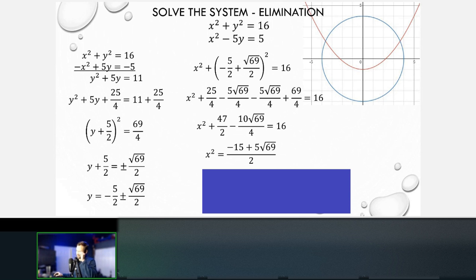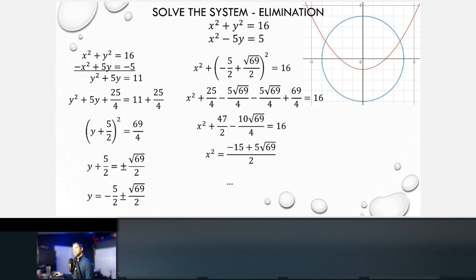And then I stop here because we have to do the square root of a number that already has a square root. It makes the problem extremely difficult and very, very long.